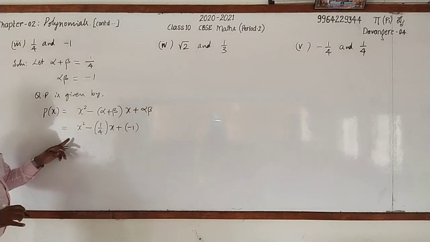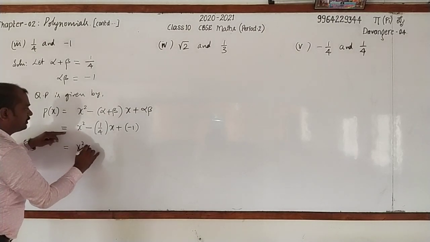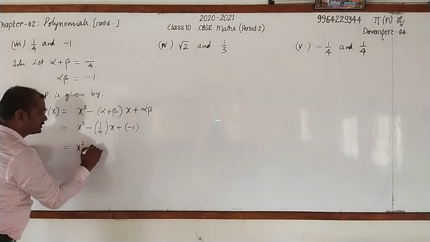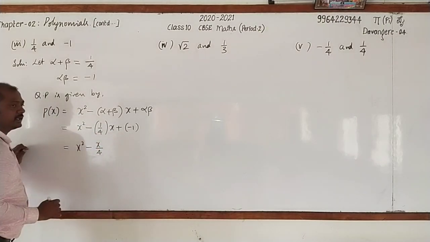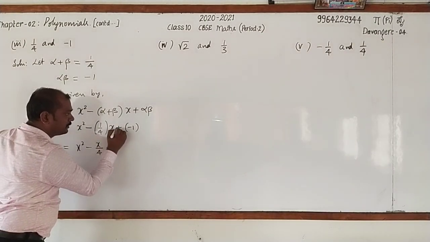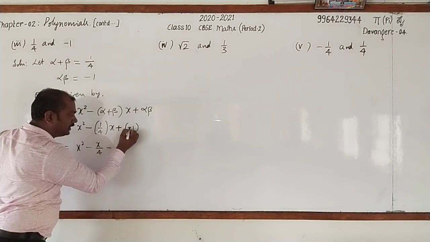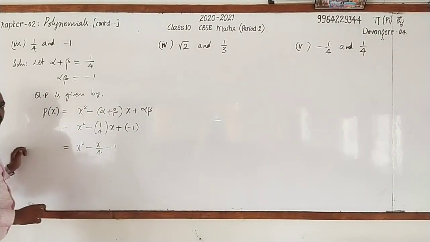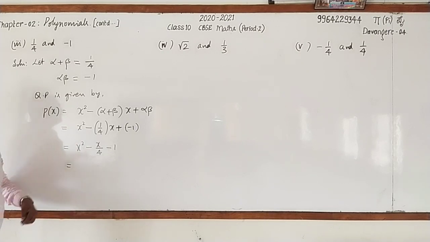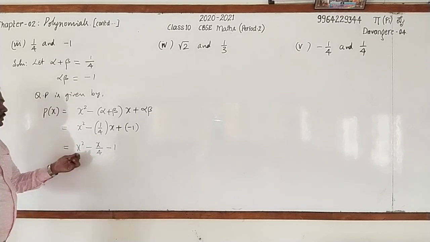It is equal to x square, 1 into x, 1x, minus is there. So it can be written as 1x by 4 or x by 4. Plus into minus, minus, it is 1. Now observe here, denominator 4 is there.